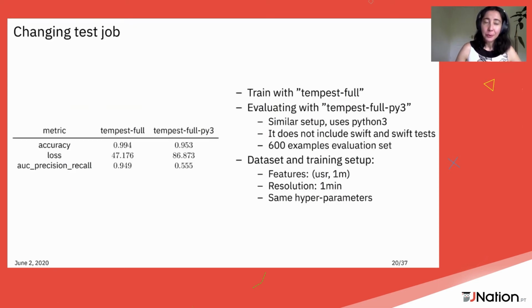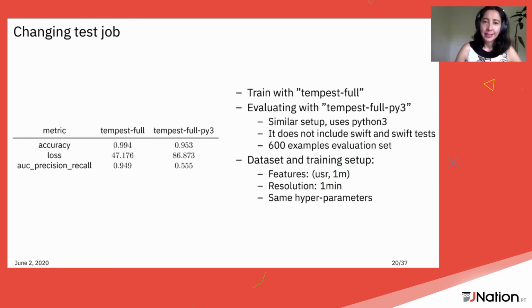One important point we wanted to evaluate during this set of experiments was whether the trained model, besides predicting if the CI job would pass or fail, was portable. So we took the trained model and evaluated it with another data set based on a CI job called TensorFlow PI3, which is very similar to the TensorFlow CI job, but it uses Python 3 and has one less component.